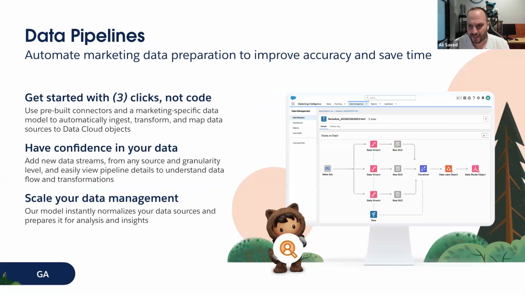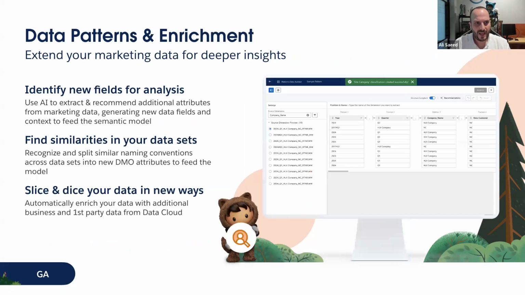Data pipelines, as I mentioned, are point and click. It's essentially 3 clicks, if you remember. I selected the connector, I defined the connection, and finally, deployed the ads ingestion into Marketing Intelligence. So this is all available today with data pipelines.